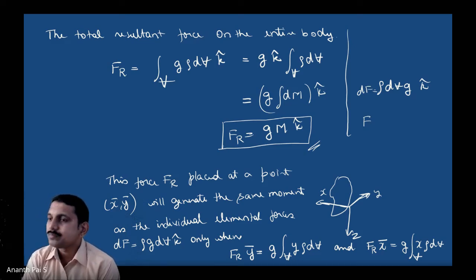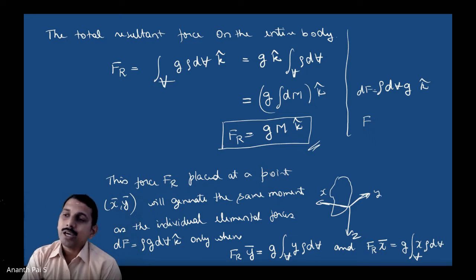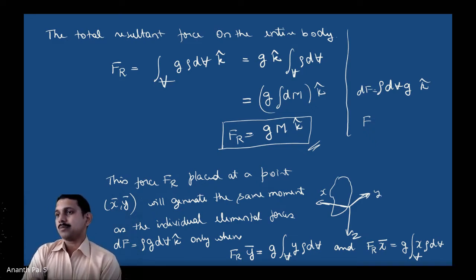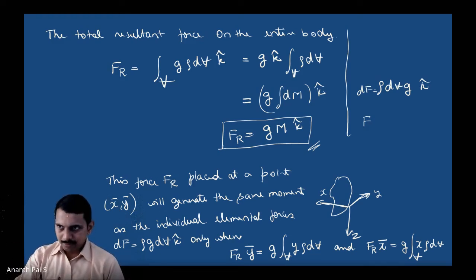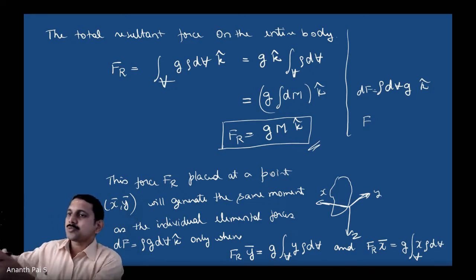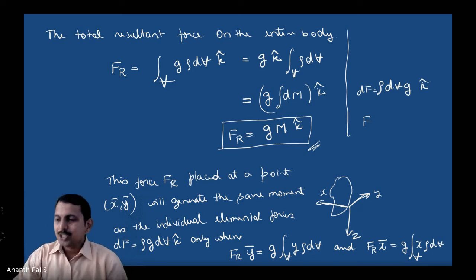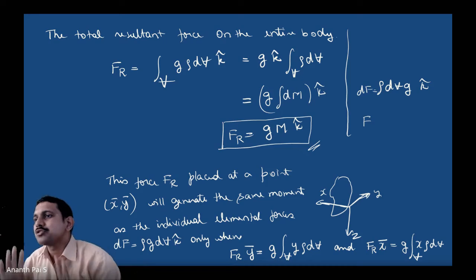When we are taking those individual forces, that moment we are considering. When you say equilibrium, when you say equivalent force system, when I put an equivalent force system at a particular point, the moment at any point generated by these small individual forces should be equal to the moment generated by this new force.